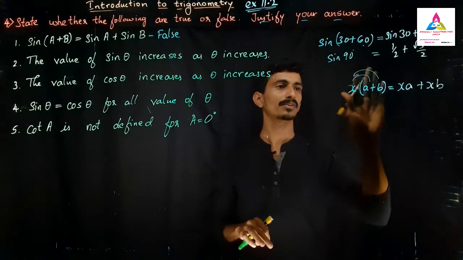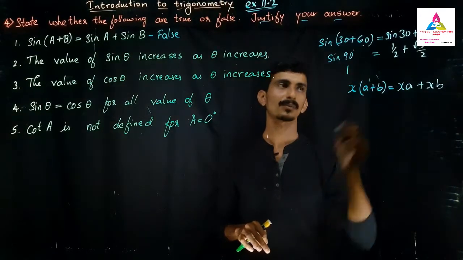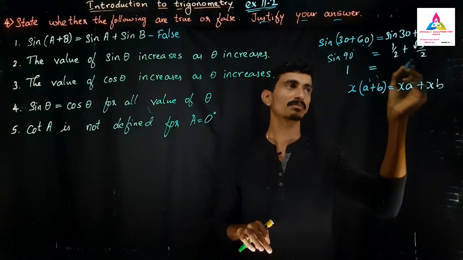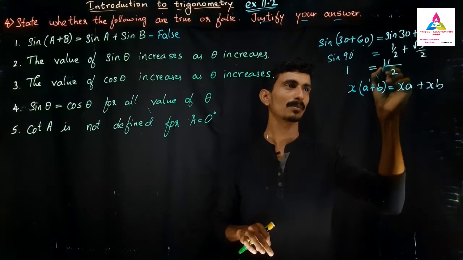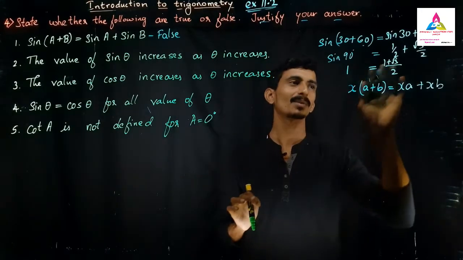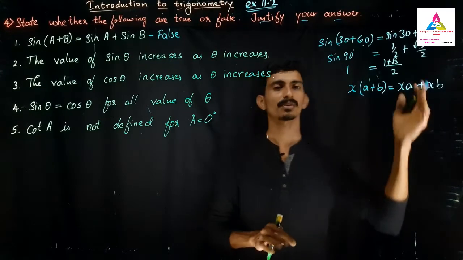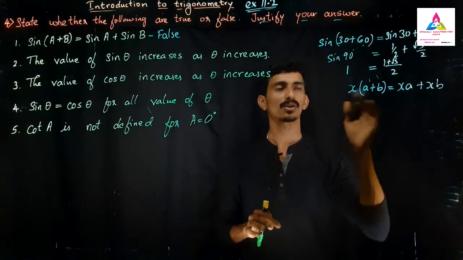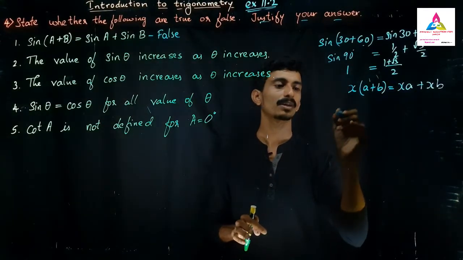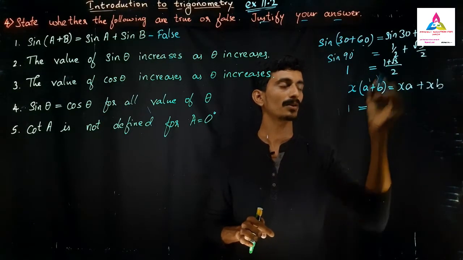In terms of 2, it is 1 plus root 3 over 2.